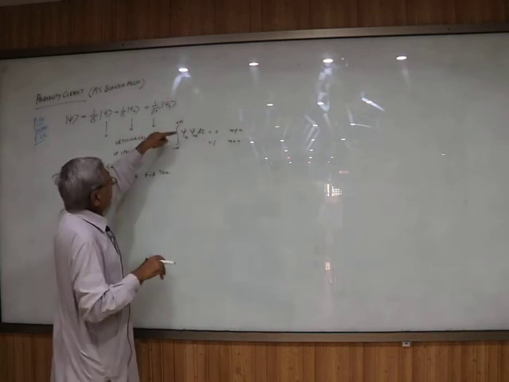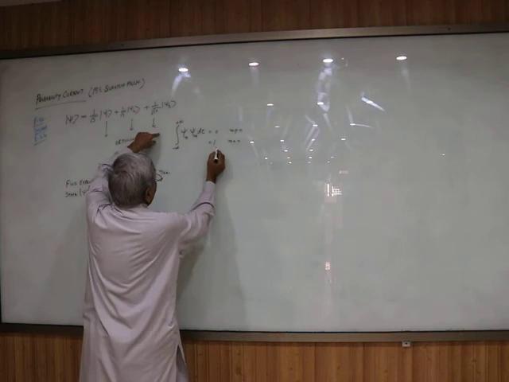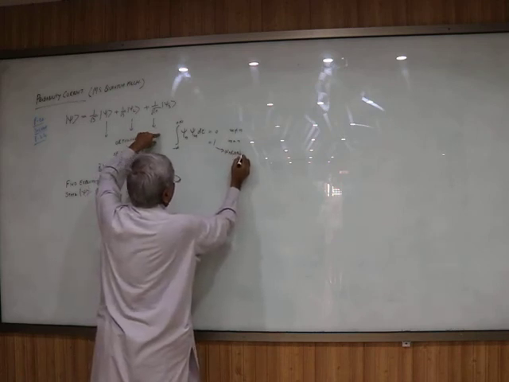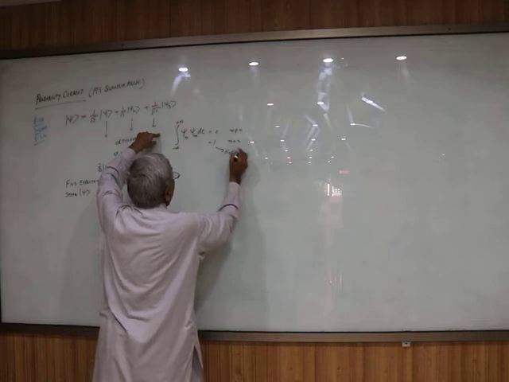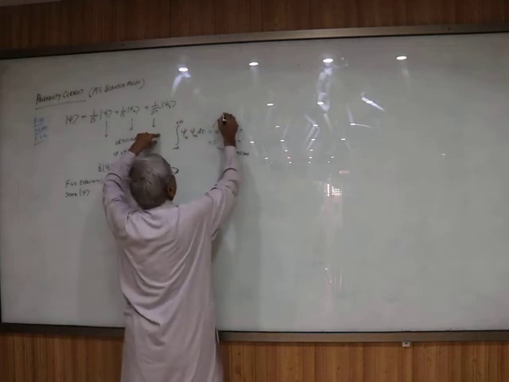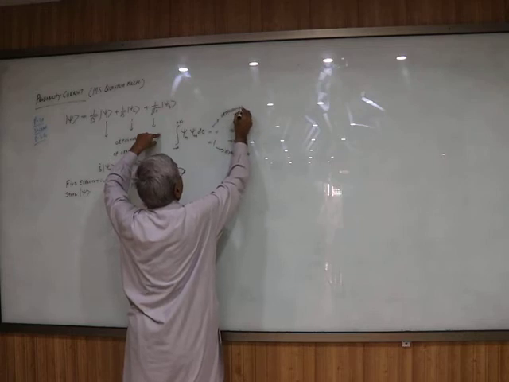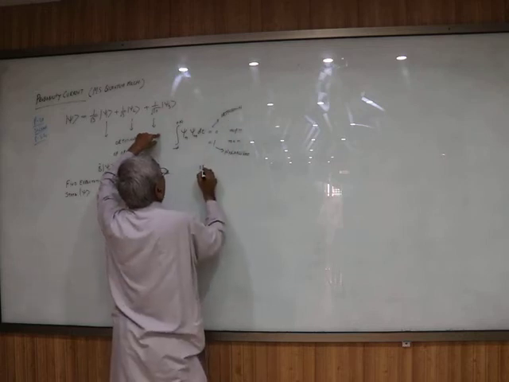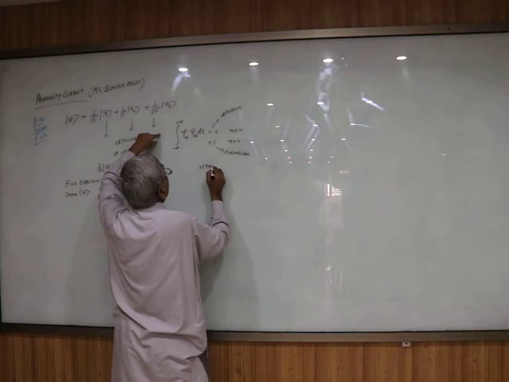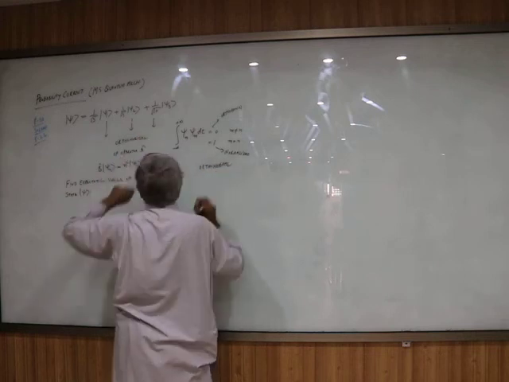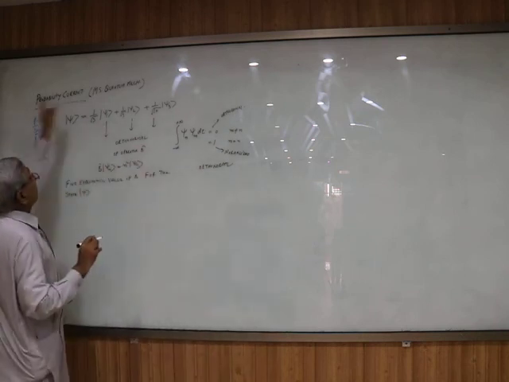And when they are normalized and orthogonal, then they are known as orthonormal.